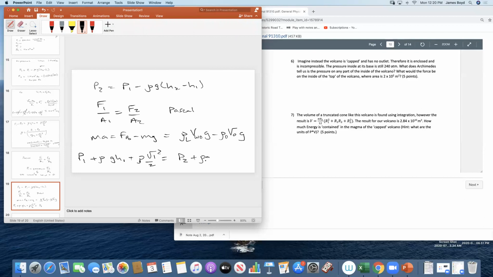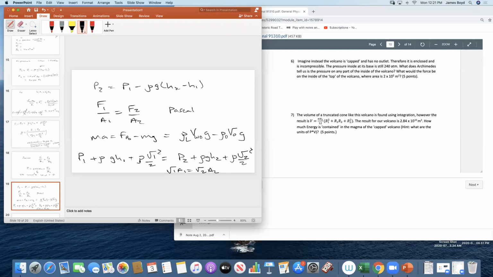And the last thing that you need to remember is the continuity equation, which gives you V1 A1 is equal to V2 A2. Those are the equations for any fluid problem. The only weird thing is sometimes you have to find the pressure at one point or another, and you usually have to find it for air.